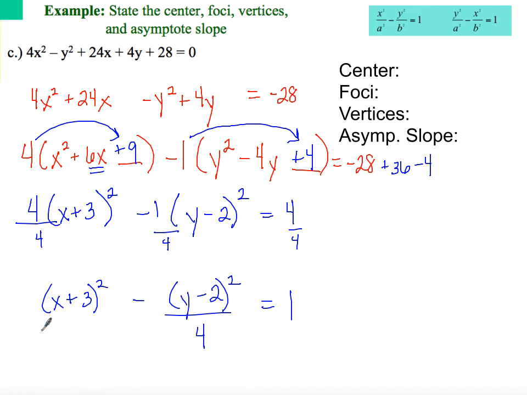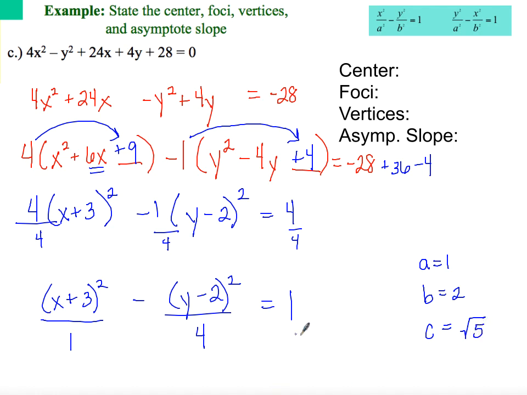Now you notice that the x plus 3 squared doesn't have a value underneath it. So what does that mean about your value of a squared? Well, of course that means there's a 1 down there. So now I can tell that my a value is equal to 1, my b value is equal to 2, and if we went through the a squared plus b squared equals c squared, a squared plus b squared is going to give me 5, so c is going to be the square root of 5.